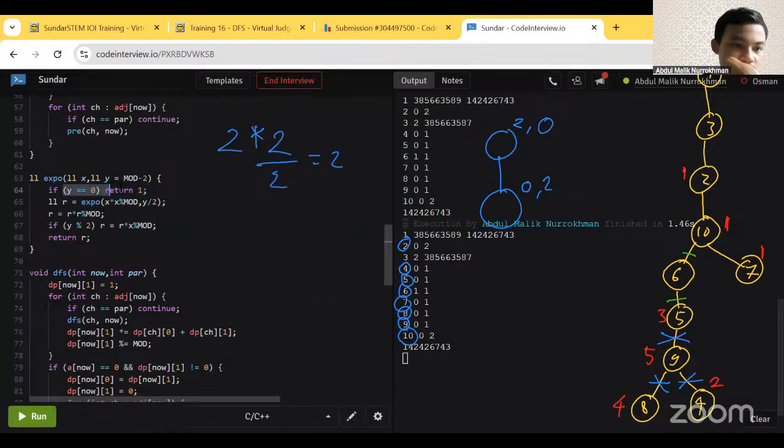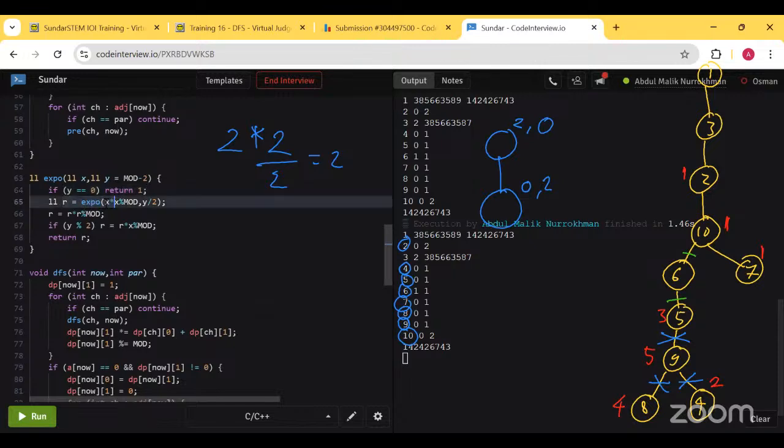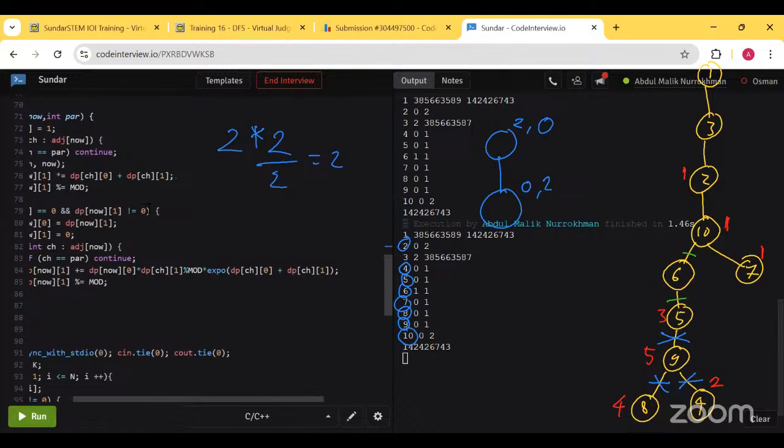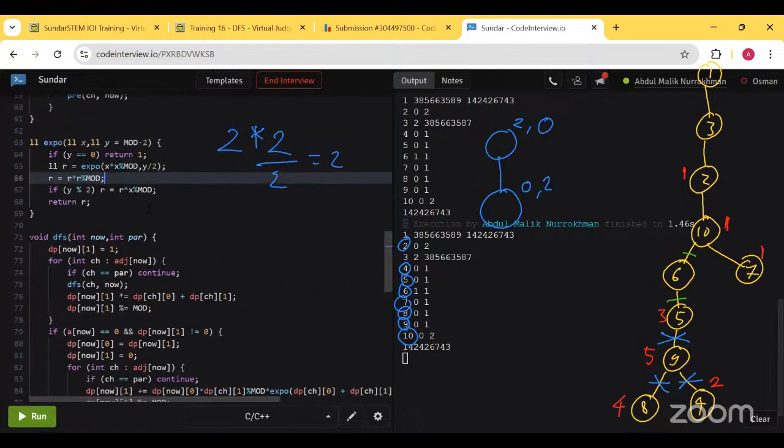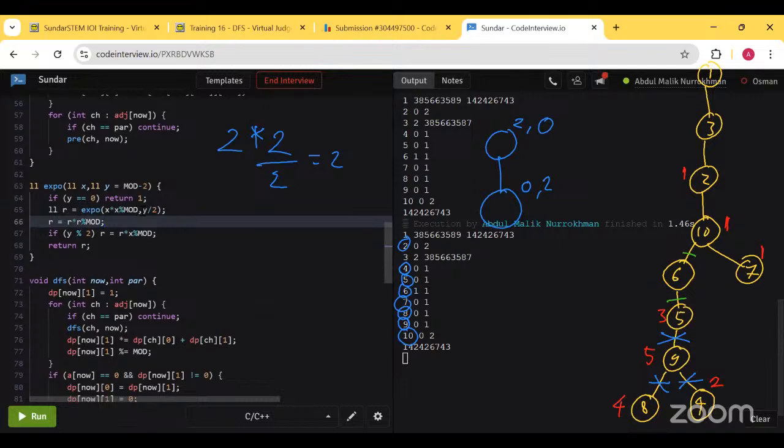If y equals 0, then return 1. R is equal to expo x times x modulo mod, to the power of y divided by 2.